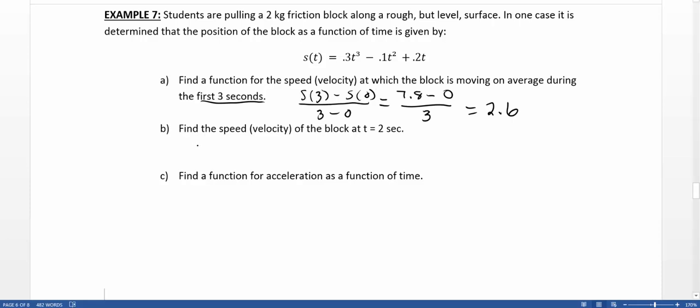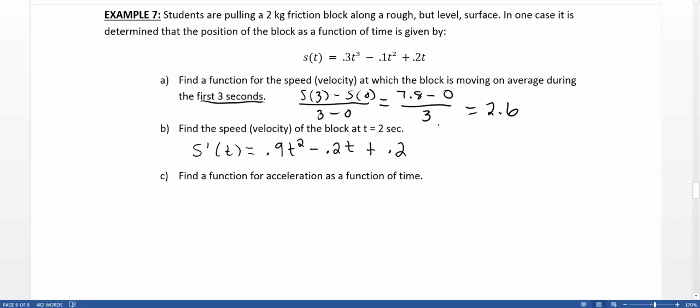So the 3 comes down and multiplies the 0.3, so we get 0.9 t squared, minus, now 2 comes down to multiply the 0.1, so 0.2 t to the 1, plus the derivative of 0.2 t, which is 0.2.